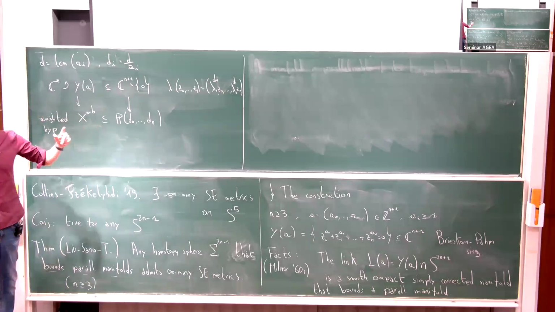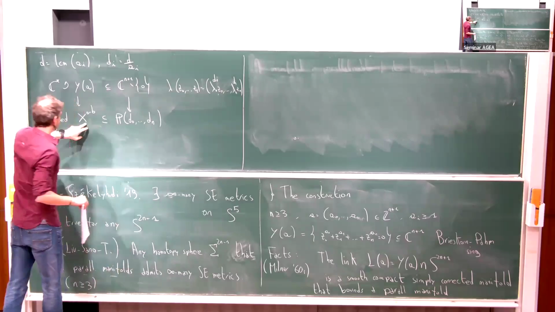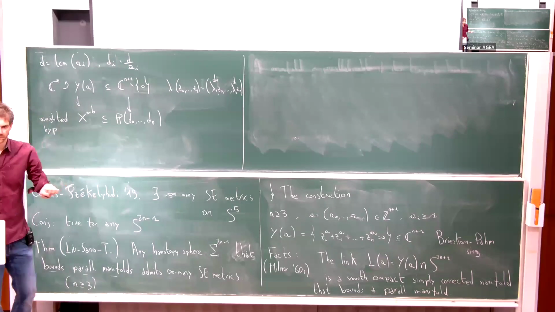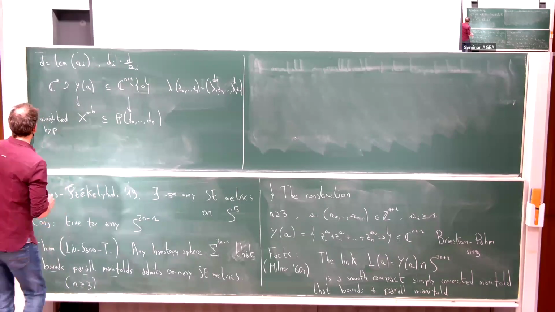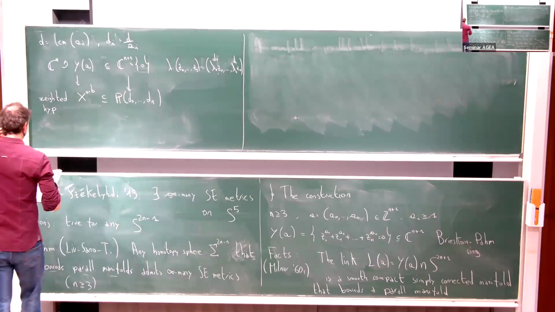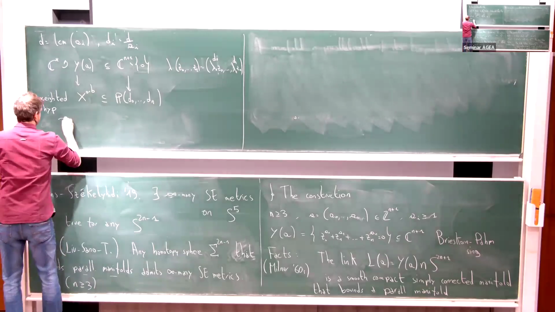So it's a singular guy, and locally it is just the quotient of C^n by a finite group. So this X_orb just reminds me that it is an orbifold.